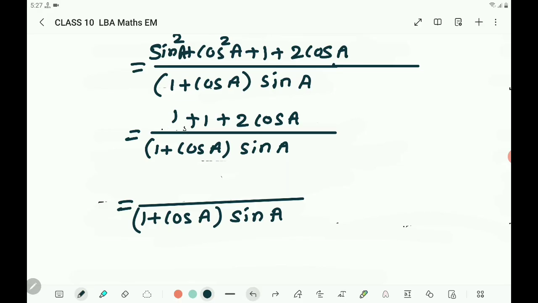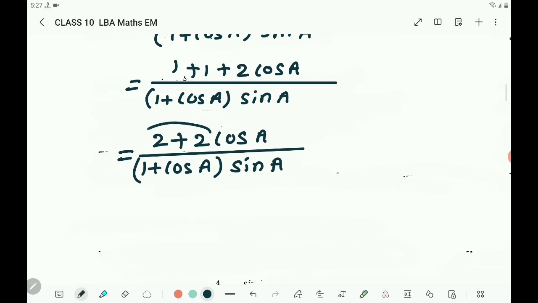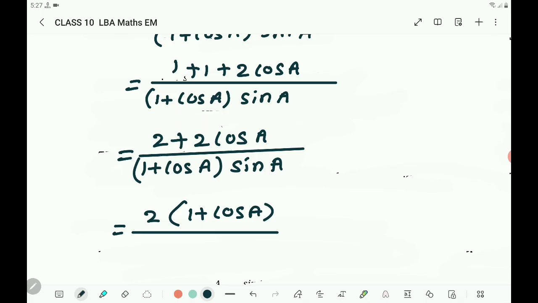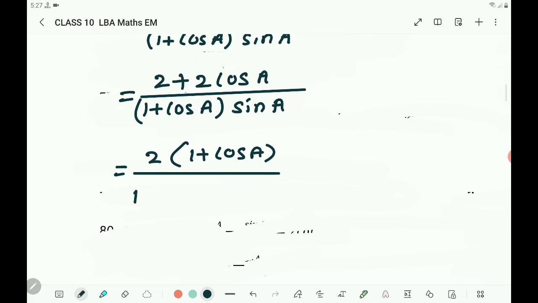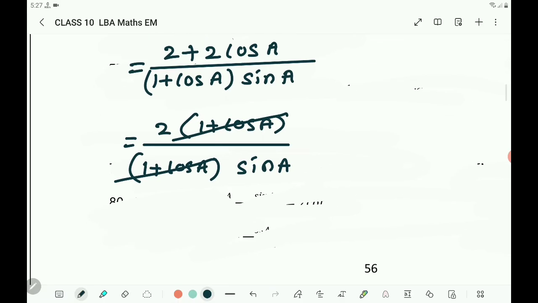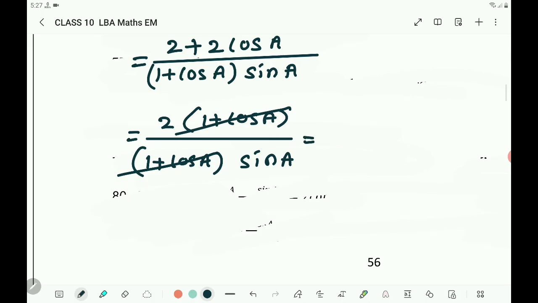1 plus 1, 2. 2 plus 2 cos A. Here you can remove 2 common, equals 2 into (1 plus cos A) by (1 plus cos A) into sin A. 1 plus cos A, 1 plus cos A cancels. That equals what? 2 by, here what is remaining?